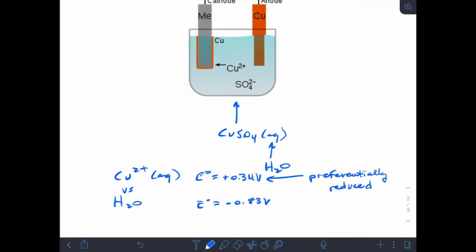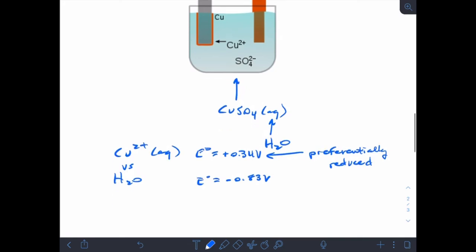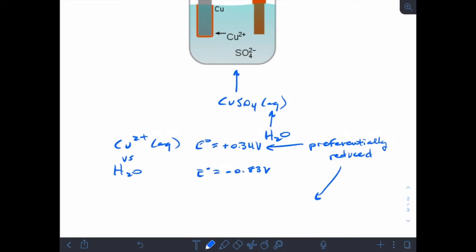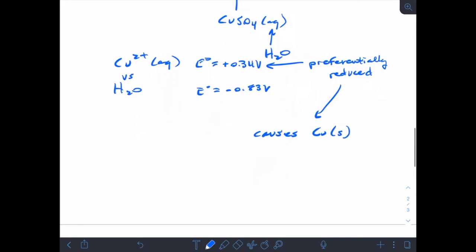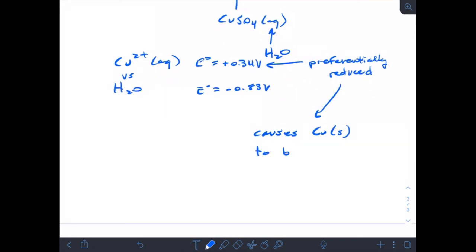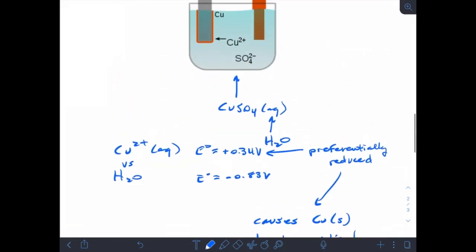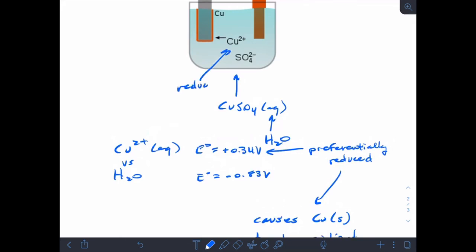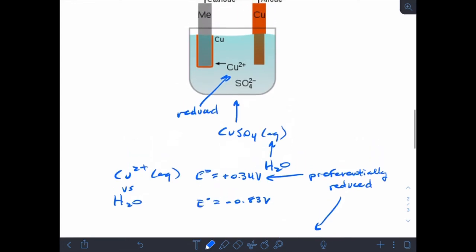If the copper ions are preferentially reduced, it causes the copper metal to be oxidized. So my 2+ is reduced, and my metal is oxidized.